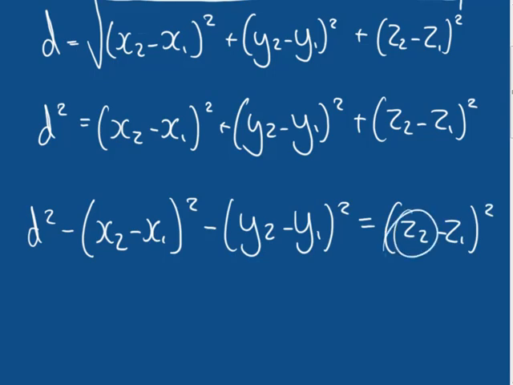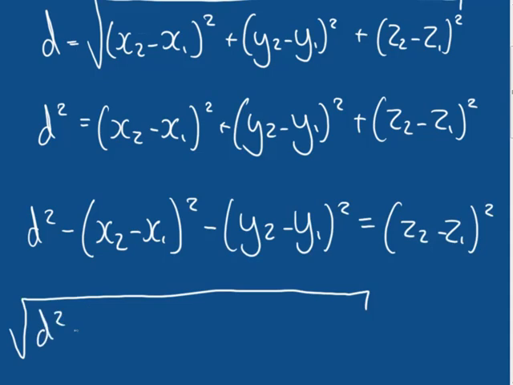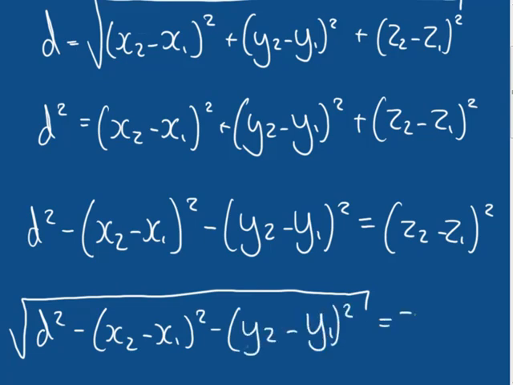How are we going to get z2 on its own? Well, the next thing I want to do is cancel this square, which means I need to take the square root of this entire side. So the square root of d squared minus (x2 minus x1) squared minus (y2 minus y1) squared is equal to z2 minus z1. We're almost there.